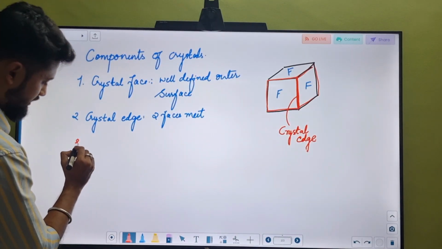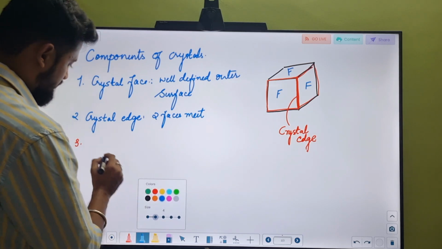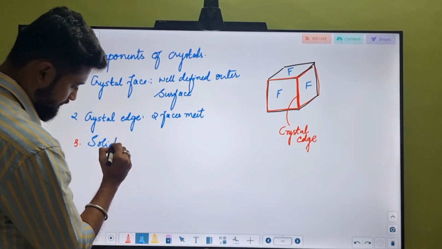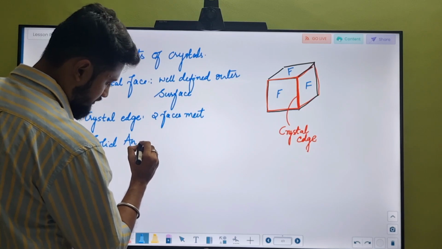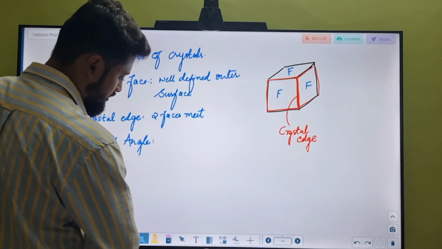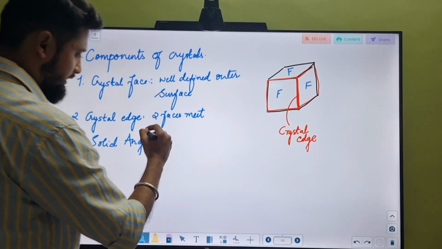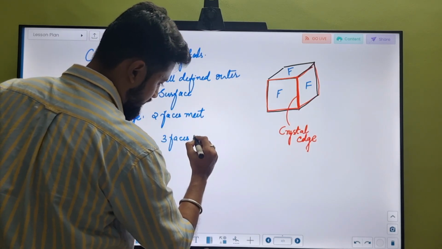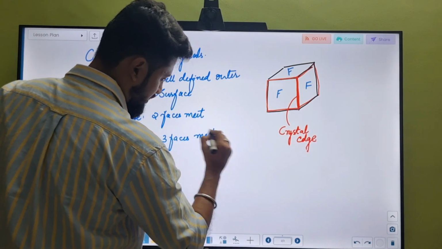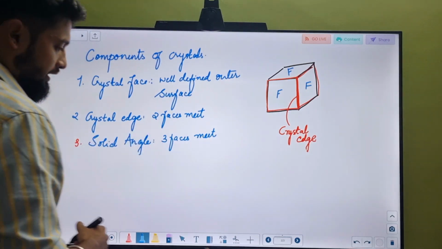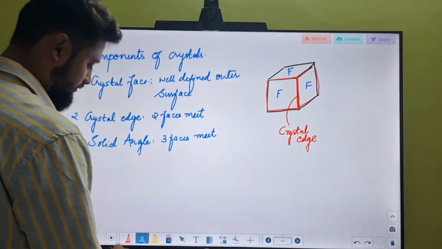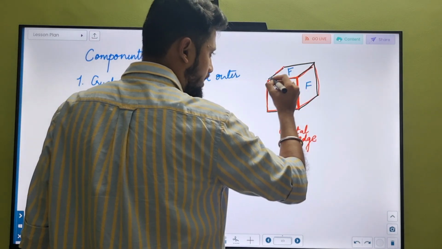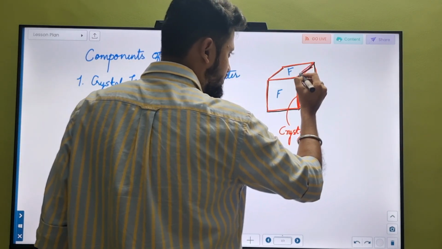So the third component is the solid angle. So what is a solid angle? Again, here where three faces meet, that point is called a solid angle. So in case of this diagram, this is one face, and you have one more face which is here.